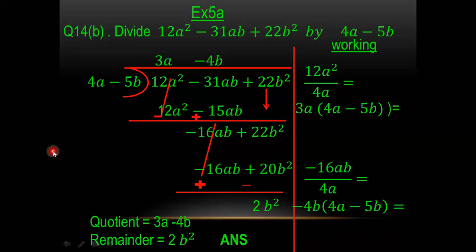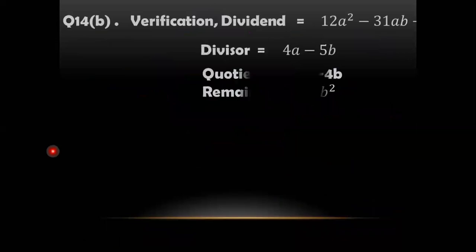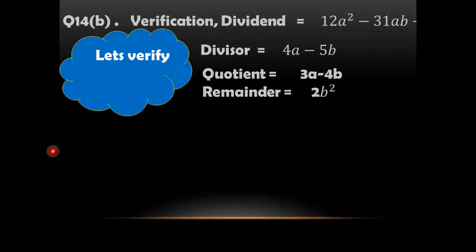Now we will combine the data and verify. So let's verify. I have written all the data over here: dividend, divisor, quotient, and remainder, right? And now we will multiply these two, right?